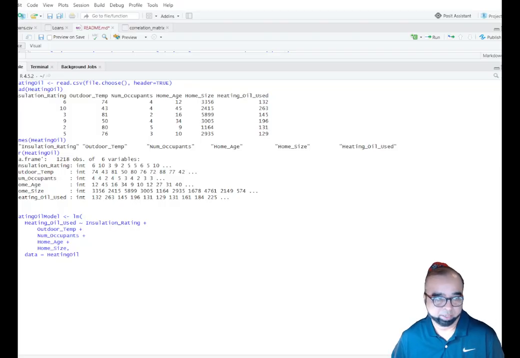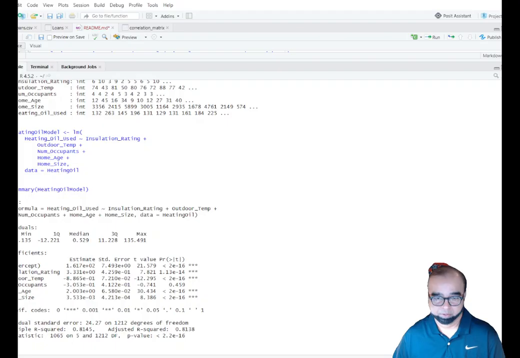And then I'm going to run a summary command. Here we see the summary function provides the regression output, including coefficient estimates, p-values, the r-squared value, which is right here, and overall model statistics.